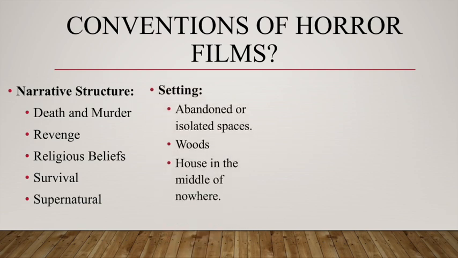You'll have settings that are familiar. At some point, you're going to have usually abandoned or isolated spaces, woods, the house in the middle of nowhere, or the idea of someone walking down a dark alley in the middle of the night. These are different settings we are familiar with regards to horror films. It's those times when you see somebody running towards something that you just know is not a good idea.